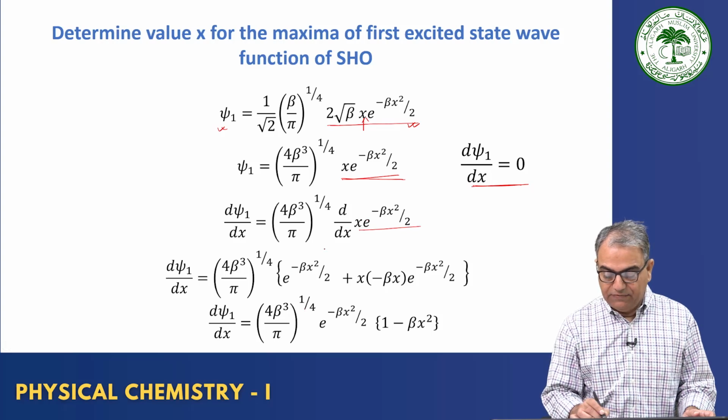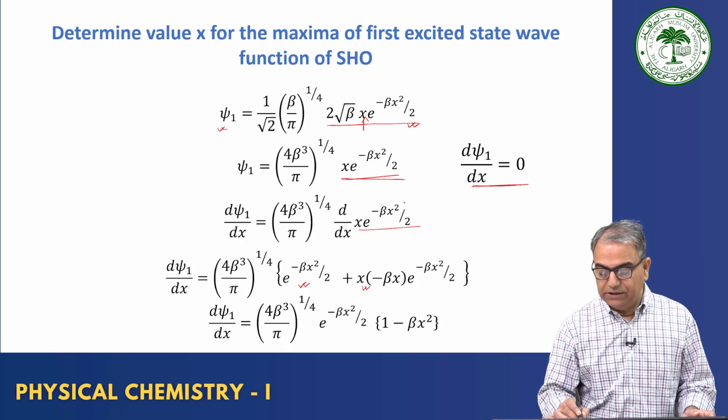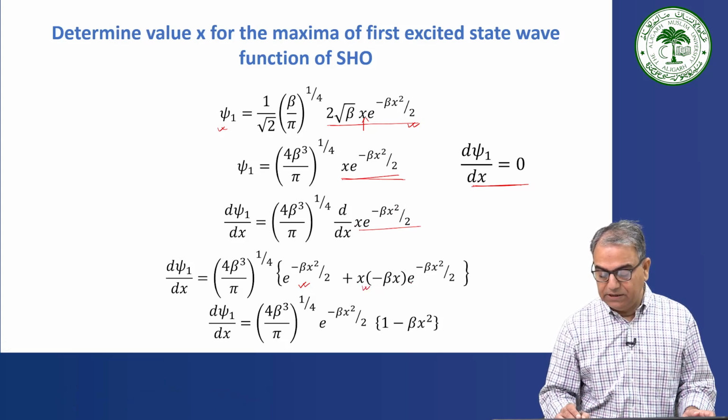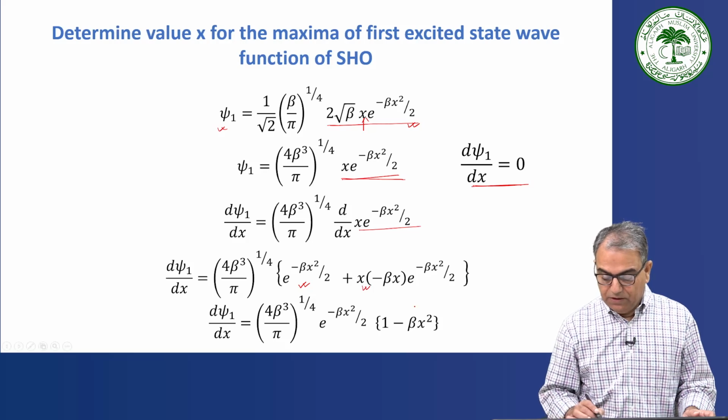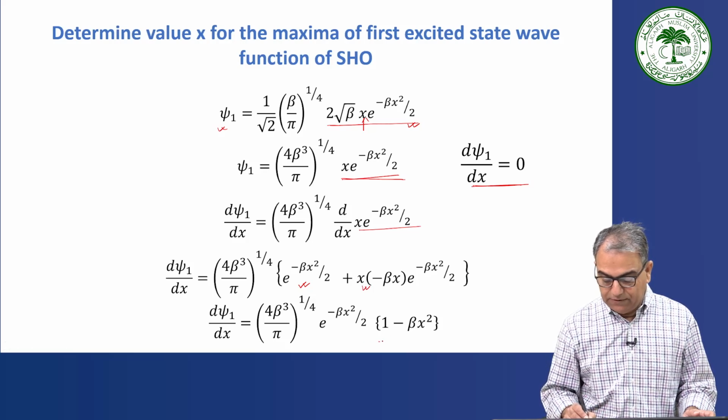Keeping x and differentiating the exponential term constant gives this term, then keeping x constant and differentiating the exponential term gives minus beta x exponential minus beta x squared divided by 2, and finally you get this.